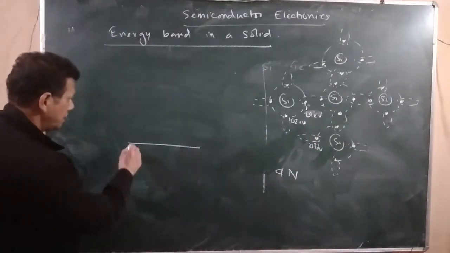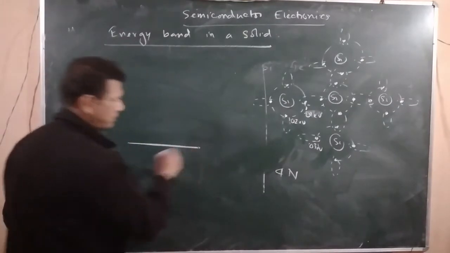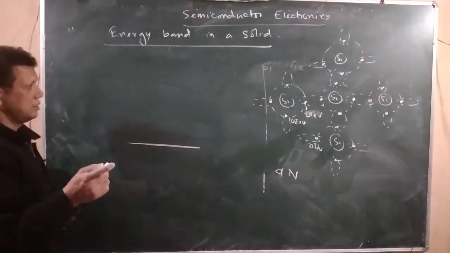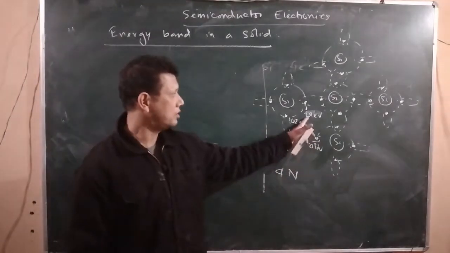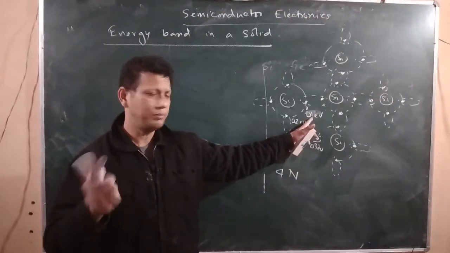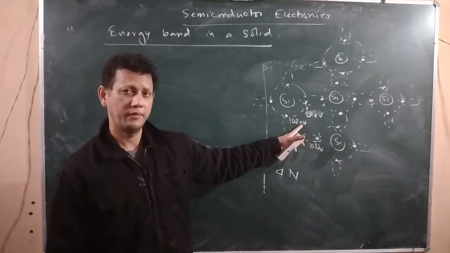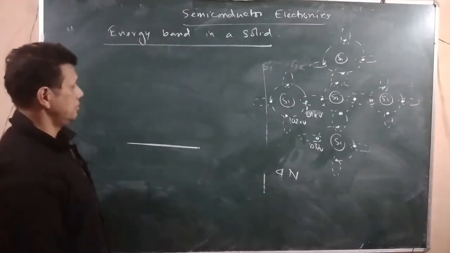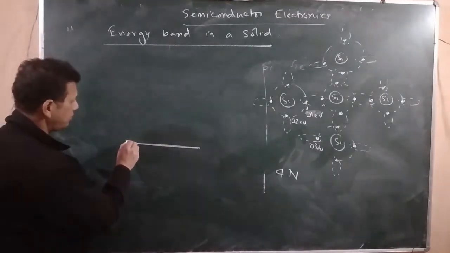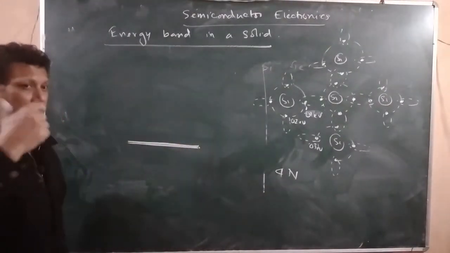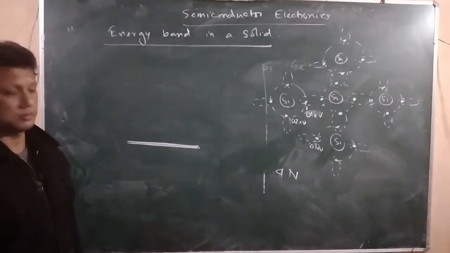I have drawn this as the energy level. Now the second electron will definitely have a potential energy different from 0.01, either more or less. Suppose it is 0.02 electron volt, so its energy level will be slightly above 0.01. So this is the energy level of the second valence electron.